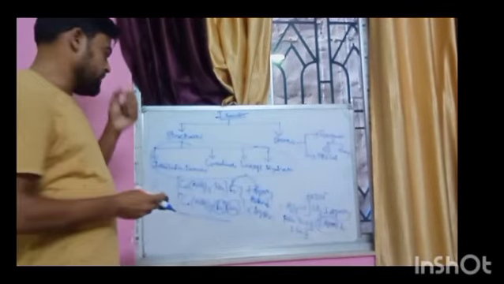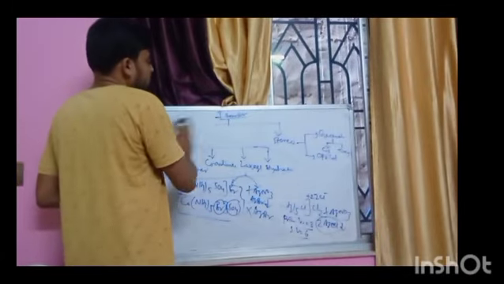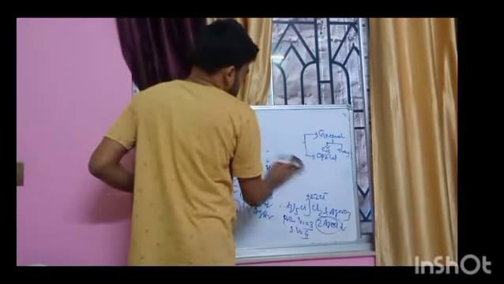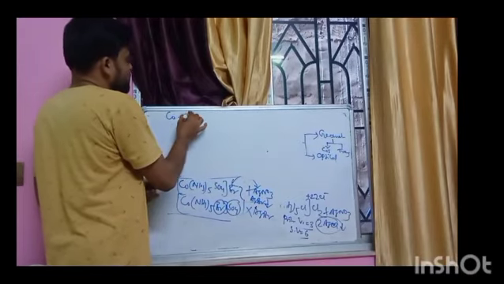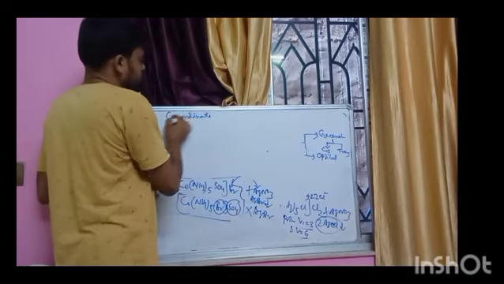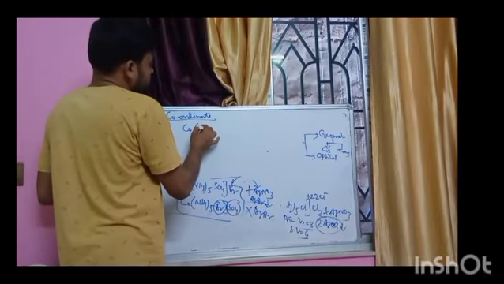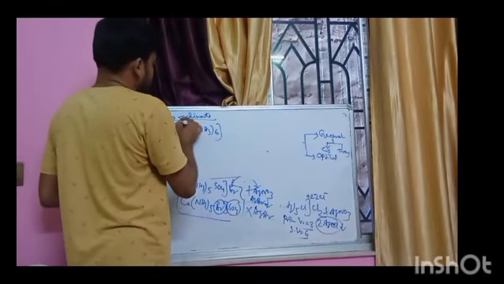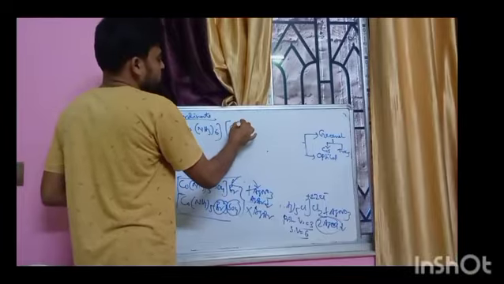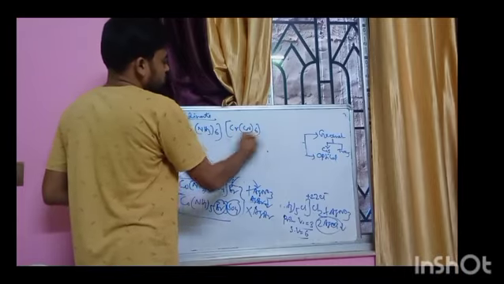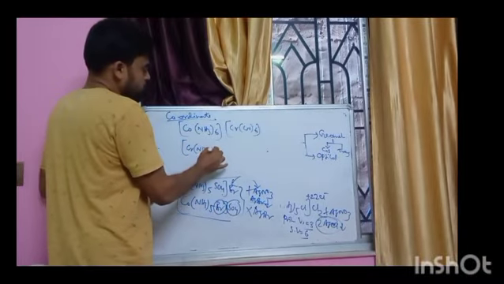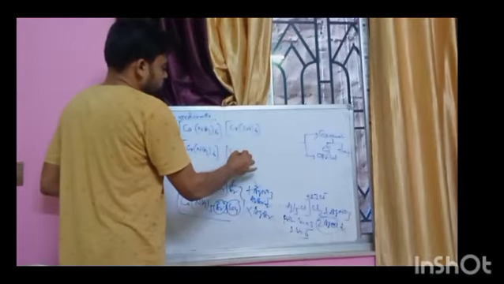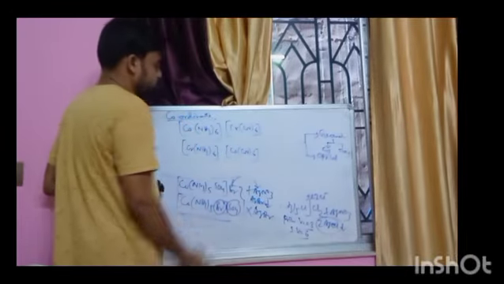Now an example of coordinate isomer: [Co(NH3)6][Cr(Cl)6] and [Cr(NH3)6][Co(Cl)6].